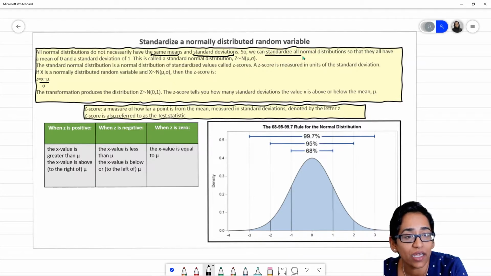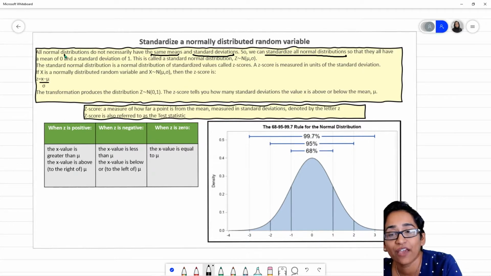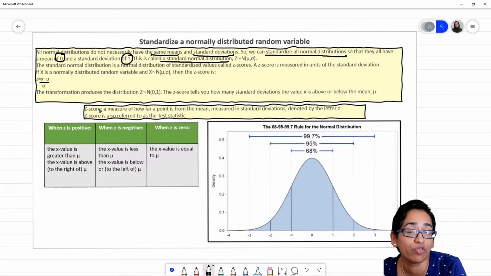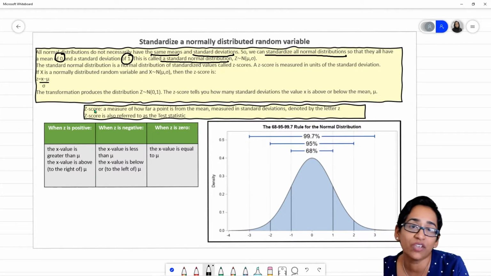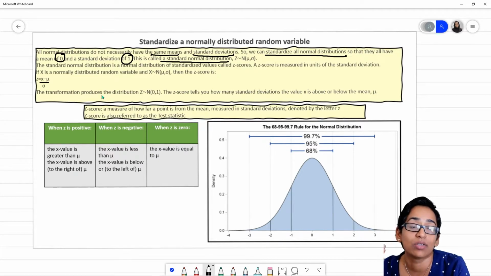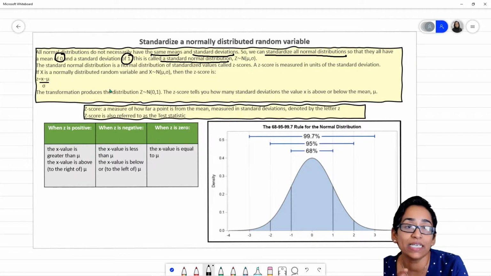We standardize all normal distributions so that every distribution has a mean of 0 and a standard deviation of 1. And that is called a standard normal distribution. Again, let me repeat, because we have so many different data sets and every data set has a different mean and standard deviation, we standardize all these data sets, and that's called a standard normal distribution. And we use something called a z-score to standardize these distributions.